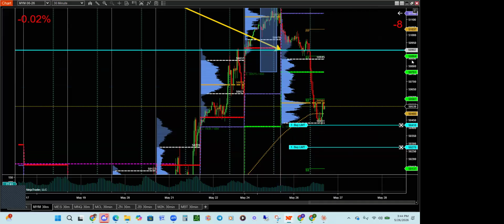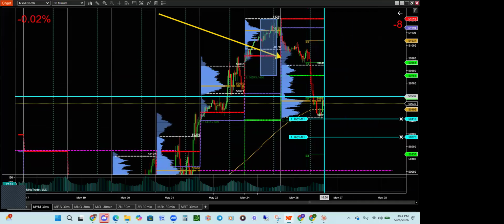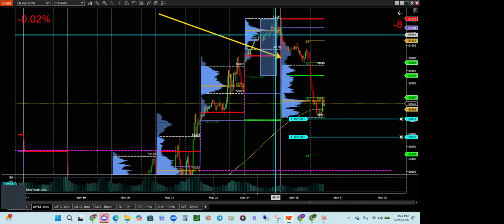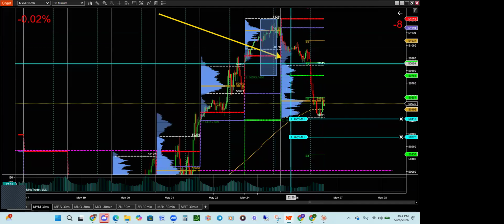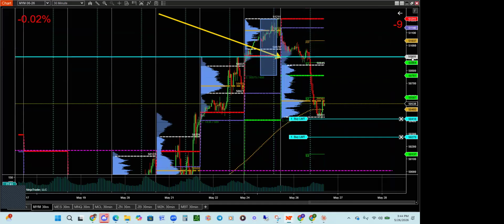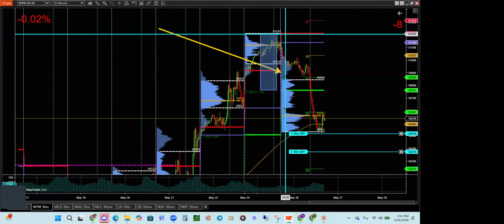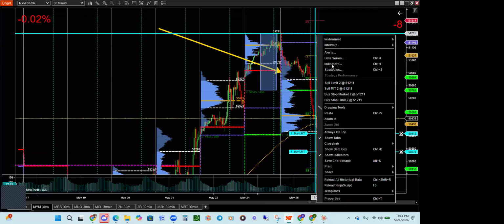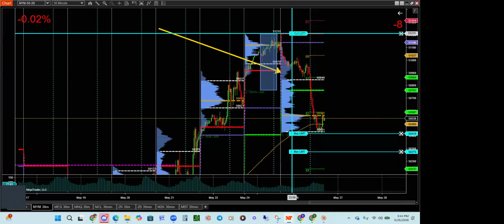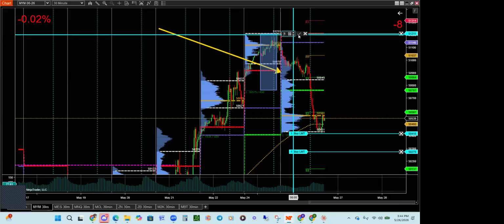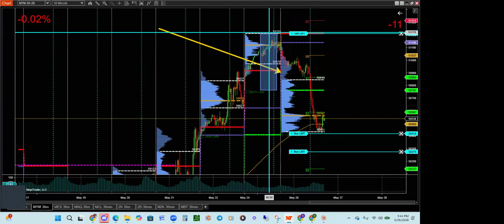Same thing here on the range trader. Based on where things are, your natural level to look at up here is the high of day of yesterday. That would be a level for us to sell, an area of interest to sell an order up at this level.